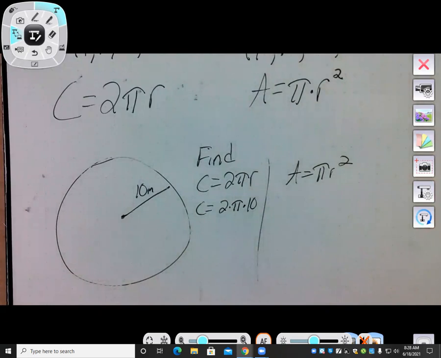Now, if you're reading the directions, they might say something like, leave your answer in terms of pi. Have you heard that phrase before? I'm sure you have. All that means is, don't turn pi to 3.14. It's actually easier because there's less work to do. It's also referred to as an exact answer.